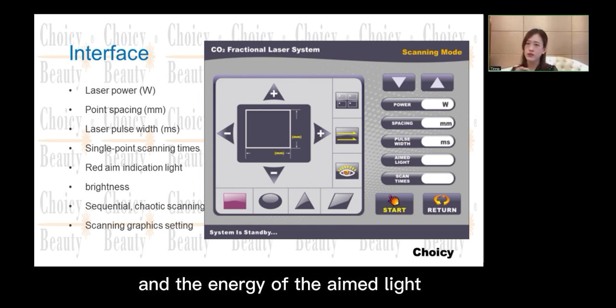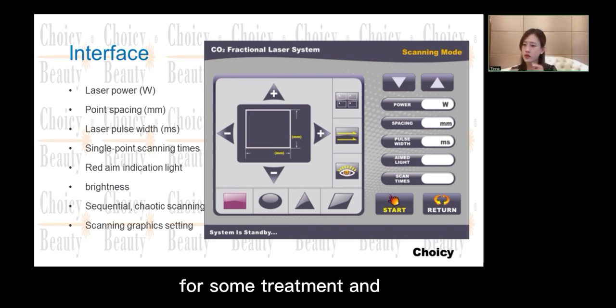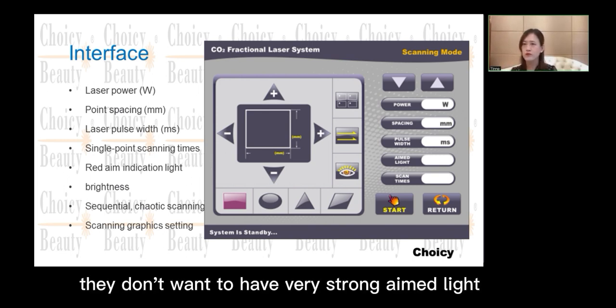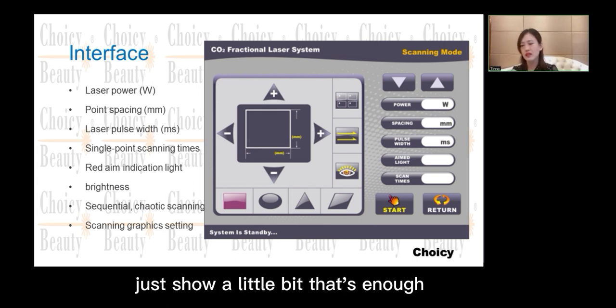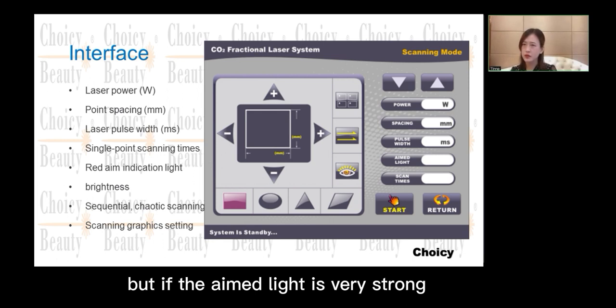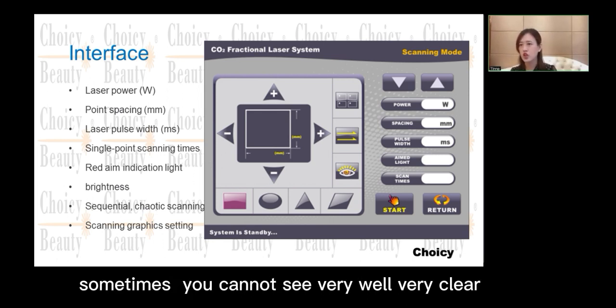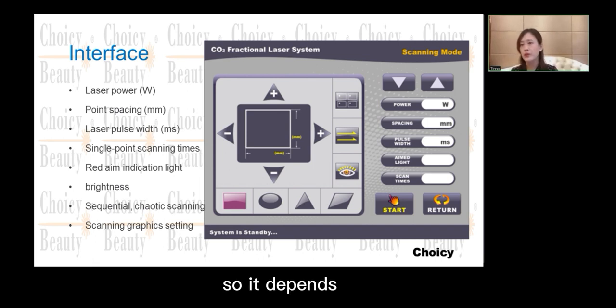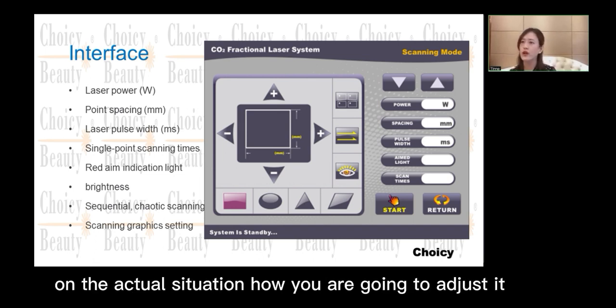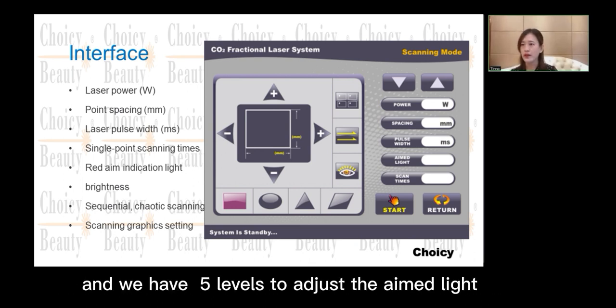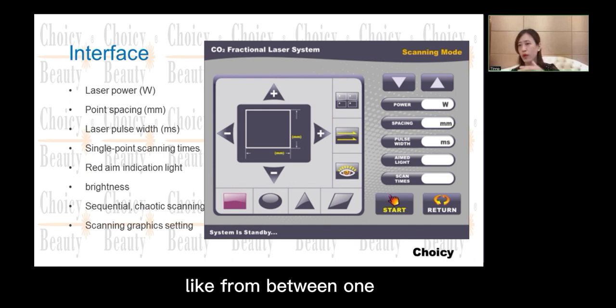For some treatments, some doctors don't want a very strong aimed light, just a little is enough, because if the light is very strong, sometimes you cannot see the treatment area clearly. It depends on the actual situation. We have 5 levels to adjust the aimed light, from 1 to 5.